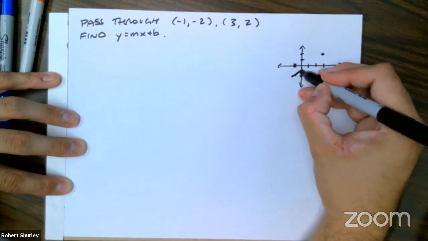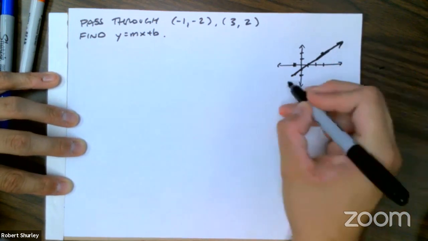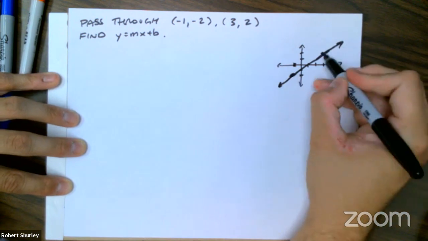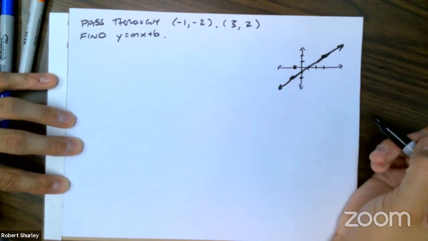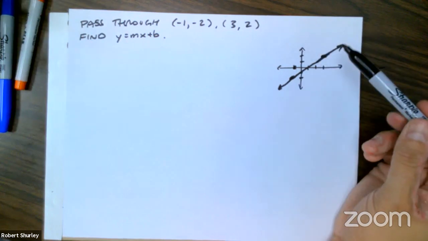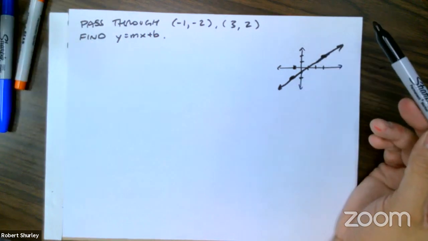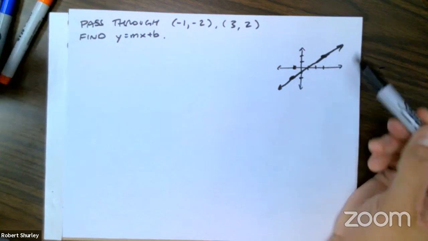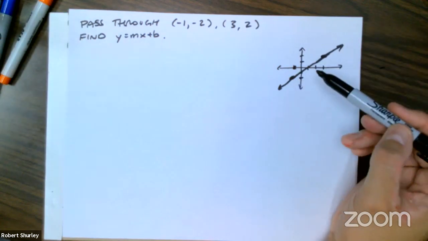So this is what our line looks like. I know I'm going to have a positive slope because it's going up and to the right. We didn't really talk about that, but slopes that go up to the right are positive, down to the right are negative. So it's going to have this nice positive slope.